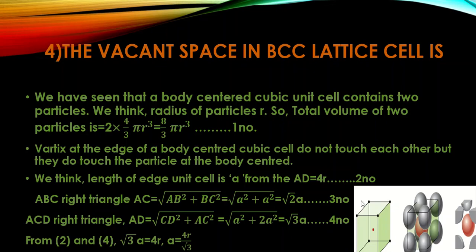From equations 2 and 4, root 3 a is equal to 4r. Here in equation number 2, AD is equal to 4r, and here AD is equal to root 3 a. So we can say root 3 a is equal to 4r. Here a is equal to 4r by root 3.